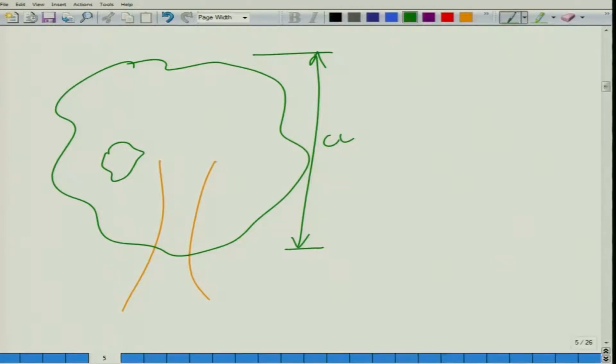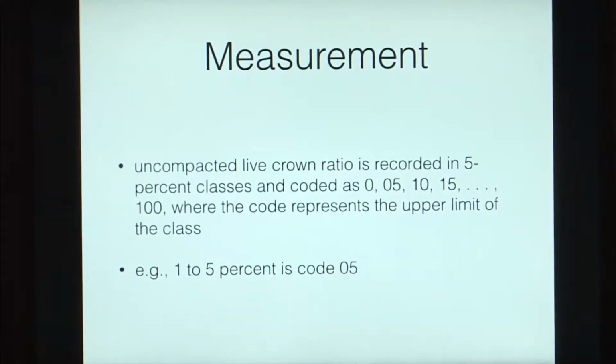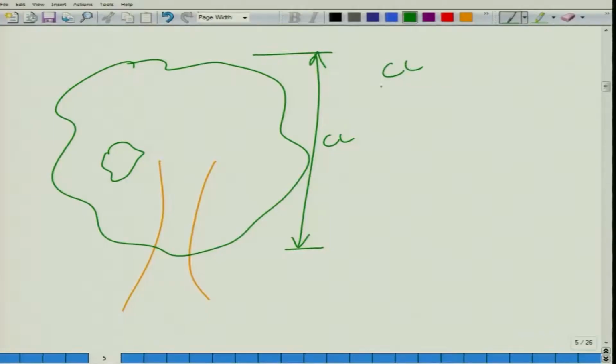Now, coming back to the slides, how is it measured? The uncompacted live crown ratio is recorded in 5% classes and coded as 0, 5, 10, 15, and so on up till 100, because this is a ratio of crown length upon height into 100%. If there is no crown, it will be 0%.